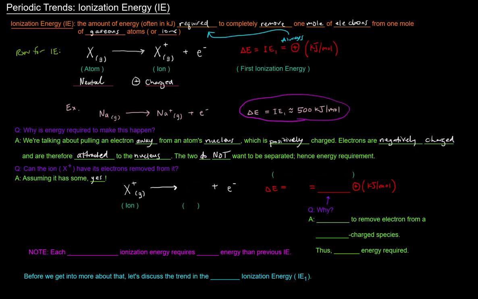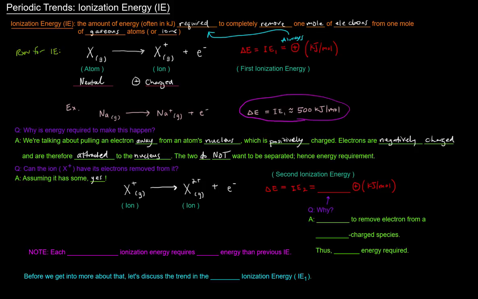So now we go from X+ to X2+, and that's still an ion, now a more positively charged ion. The change in energy associated with this, the energy required to make this happen, is called the ionization energy number 2, because we're pulling off a second electron. So this is called the second ionization energy.